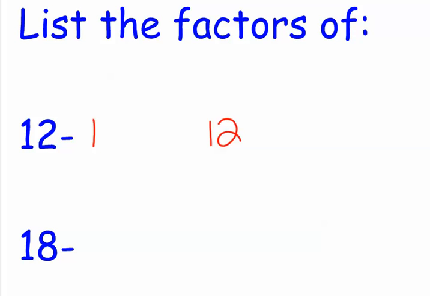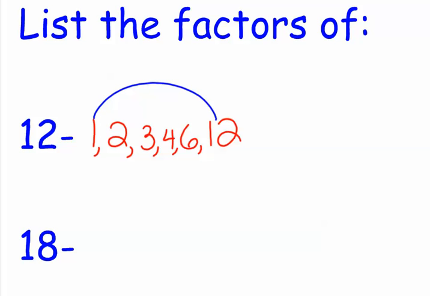I also know that 2 can fit into 12 because it's an even number. So 2 times 6 equals 12. So 2 and 6 are both factors of 12. Another number that can fit into 12 is 3 and 4. So these would be all my factors of 12. If you notice, 1 and 12 multiply together, 2 and 6, and 3 and 4. So those are all my factors because they are numbers that fit into the bigger number.